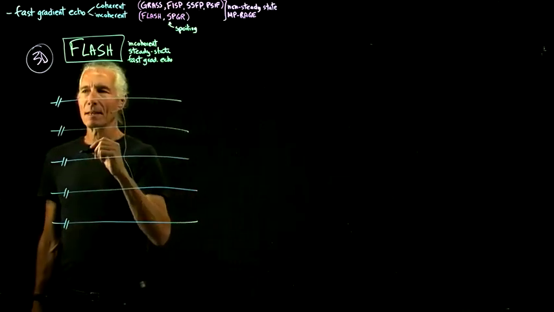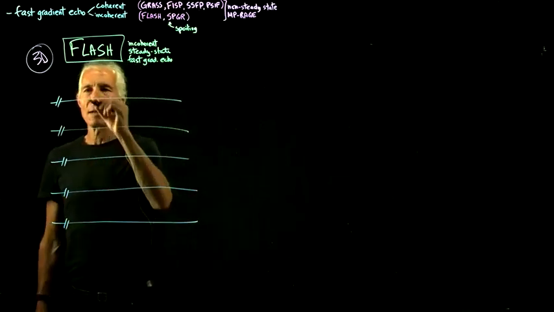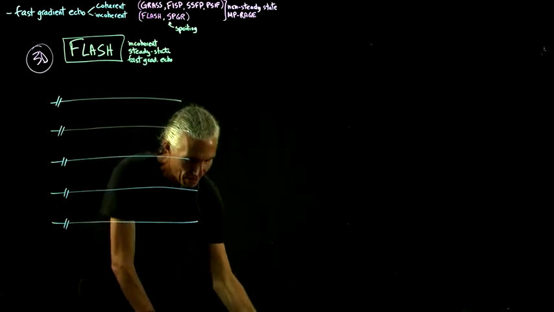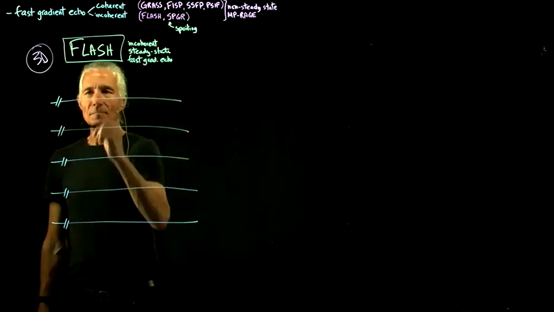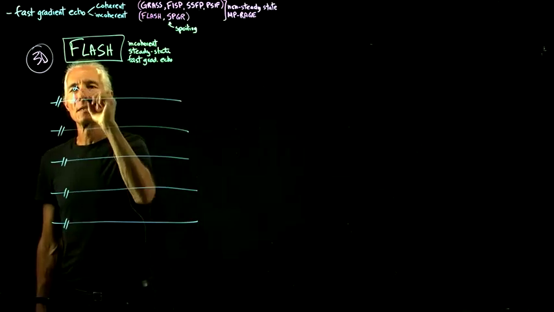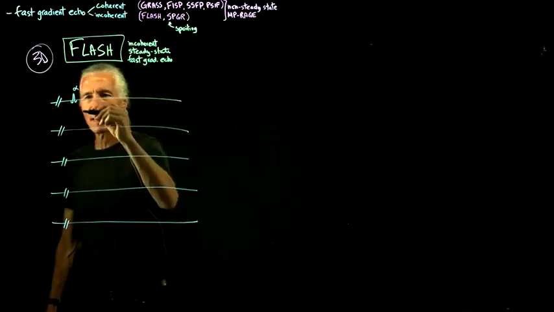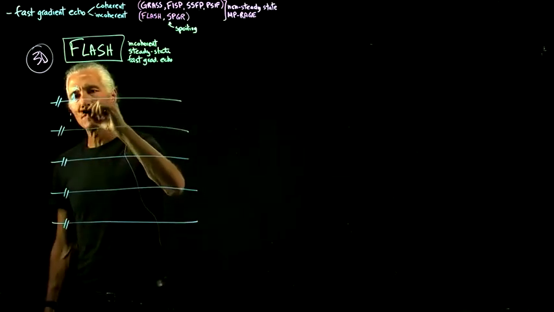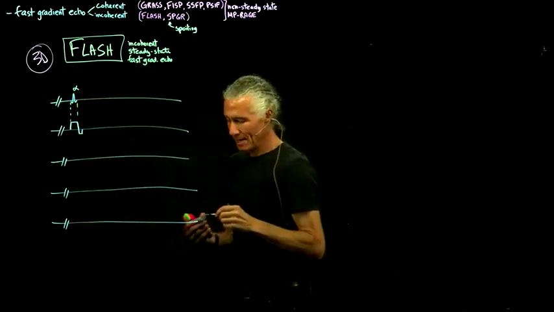And in this case, we are assuming that we've gotten rid of all the magnetization, and so when we pick out a slice, all we have to do is just do a half a rephaser after it.